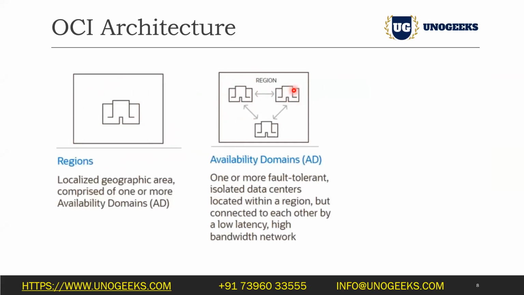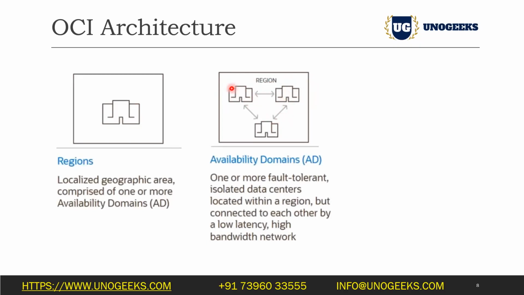They are not connected in terms of hardware, so it is not shared hardware. It's independent hardware. If you have 3 data centers in a region, they are connected to each other by a low latency, high bandwidth network. So you don't see any latency between these availability domains, but these are isolated data centers.